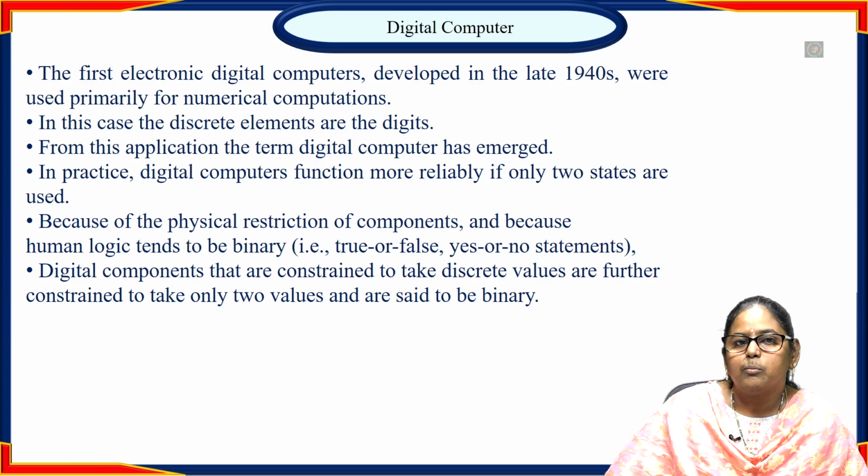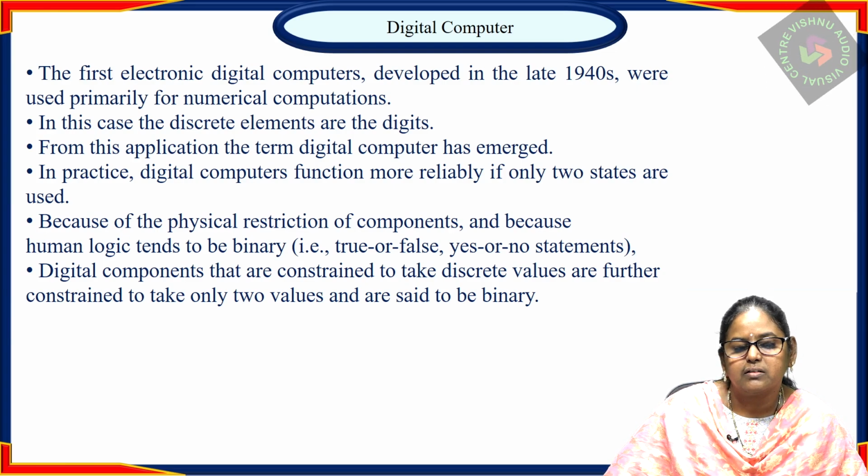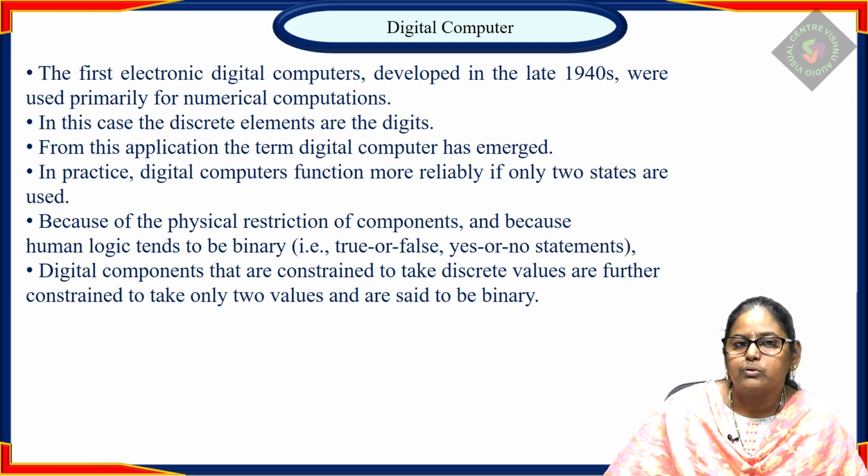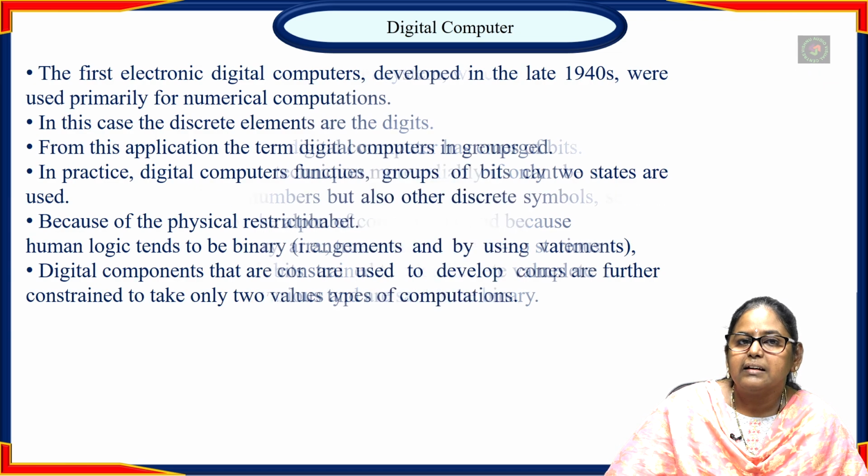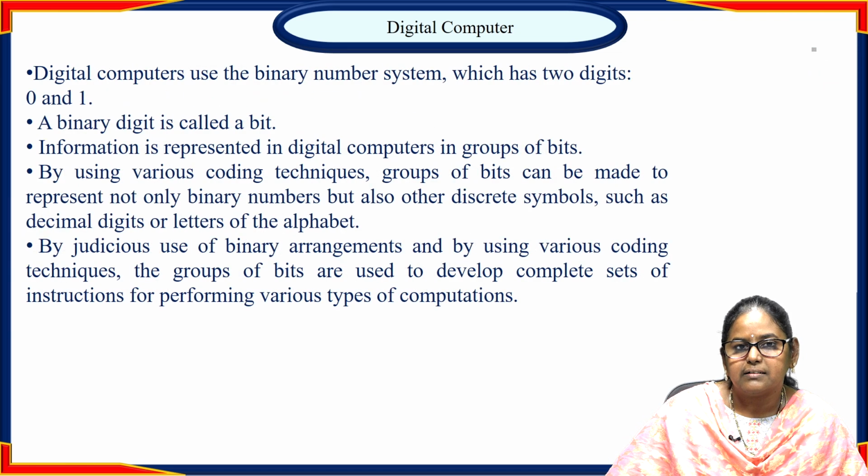Not only the reliability, when we go with our physical restrictions or the human logic trends, we can have two things like yes or no or true or false. Here we are going to have two discrete values. We will be saying them as 0 and 1. Those 0 and 1 we will be saying as binary values.